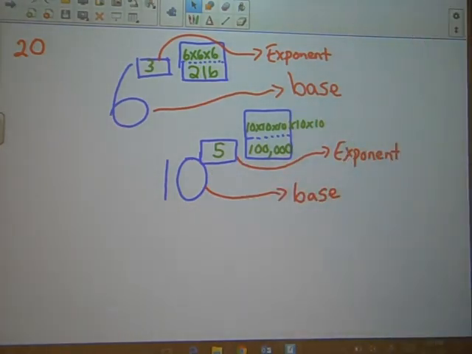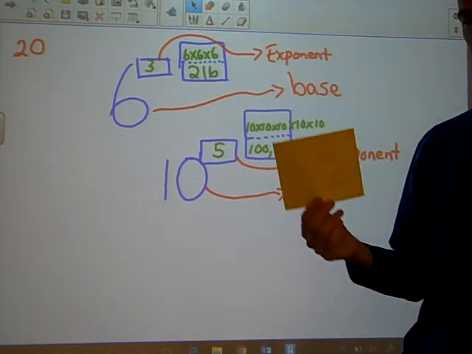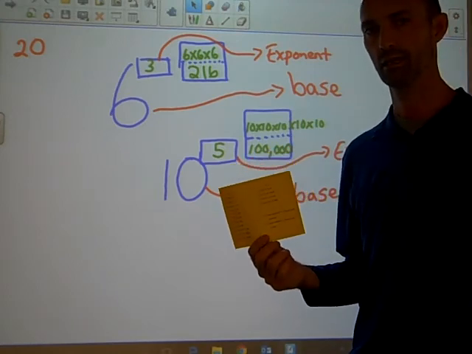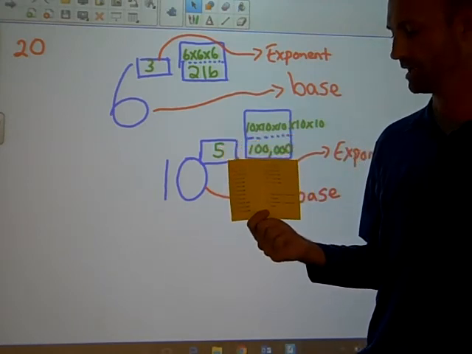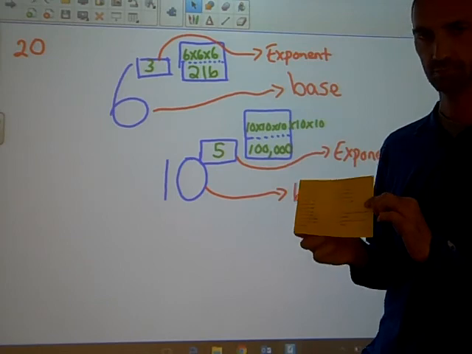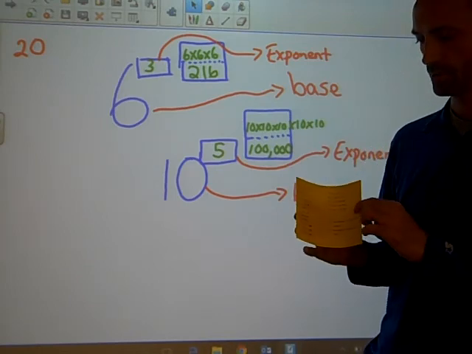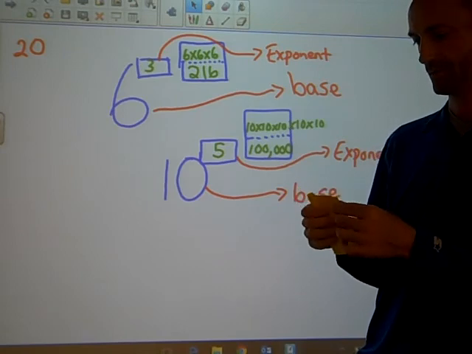And then, pause the video now, because you need one more thing from me. You need this piece of paper. So go ahead and pause the video. Come get this piece of paper. When you get this piece of paper, when you come back, please fold it in half.